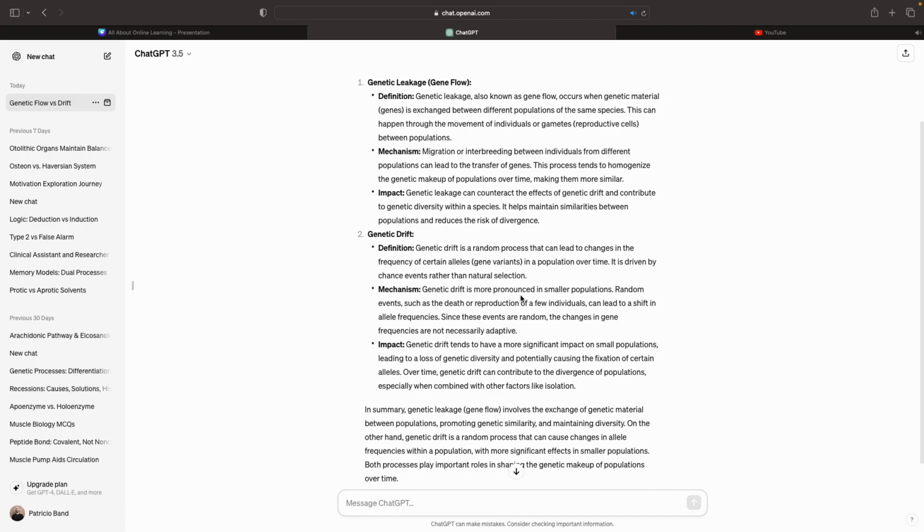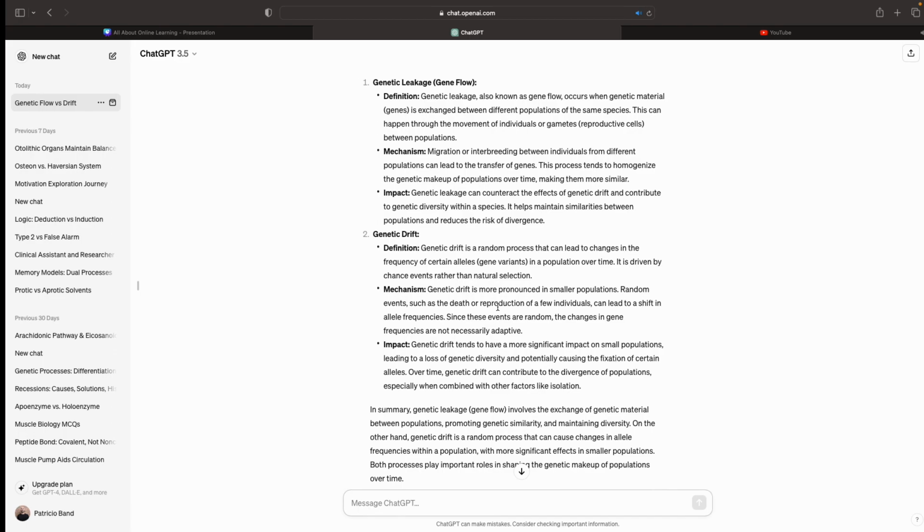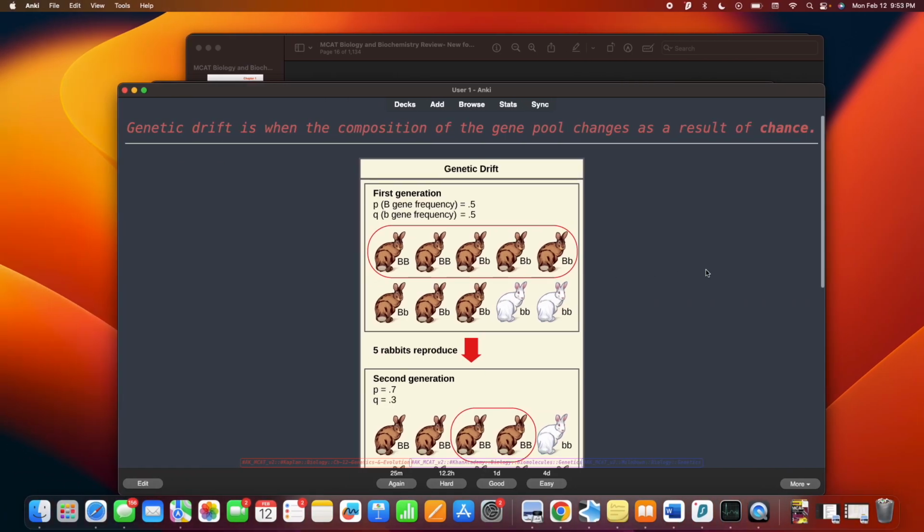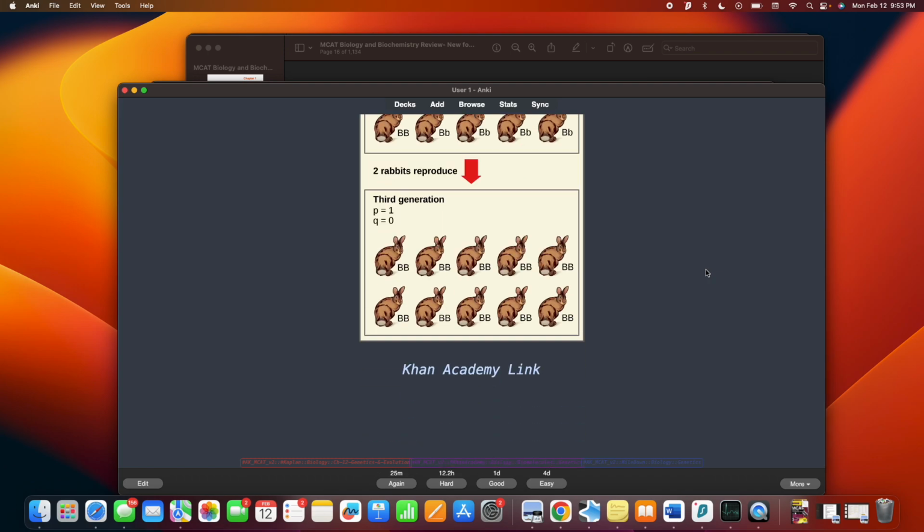And it is more pronounced in smaller populations. Random events such as death or reproduction of a few individuals can lead to a shift in allele frequencies. Since these events are random, the changes in gene frequencies are not necessarily adaptive. Cool.